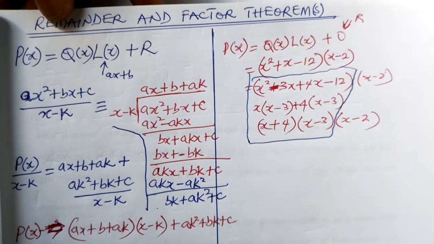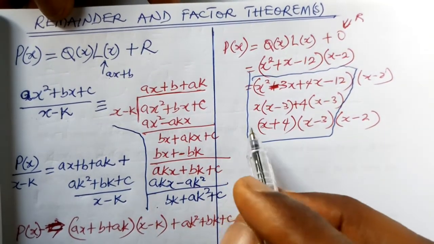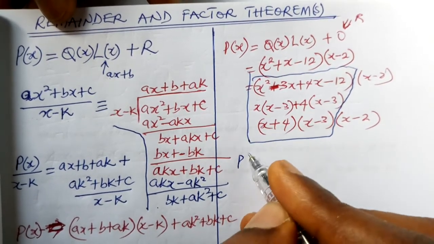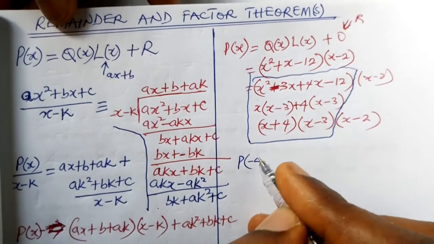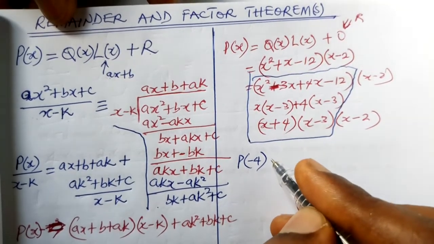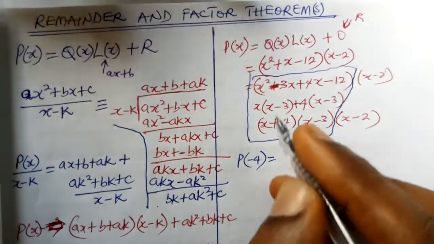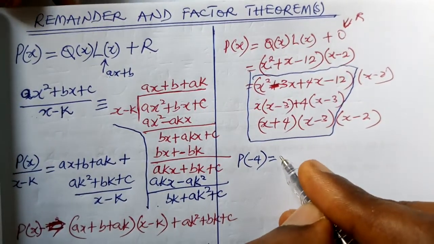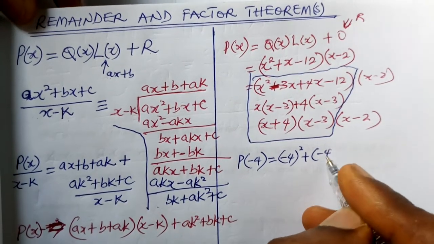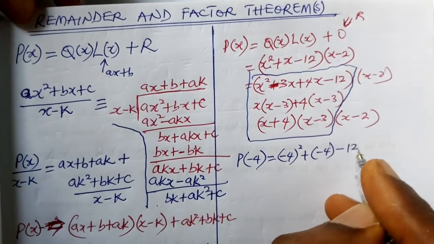But if you are asked to do it through the remainder theorem, all you have to do is to put, because it means that minus 4 will be a root. So if you say minus 4, that means it's going to be minus 4 squared plus minus 4 minus 12.